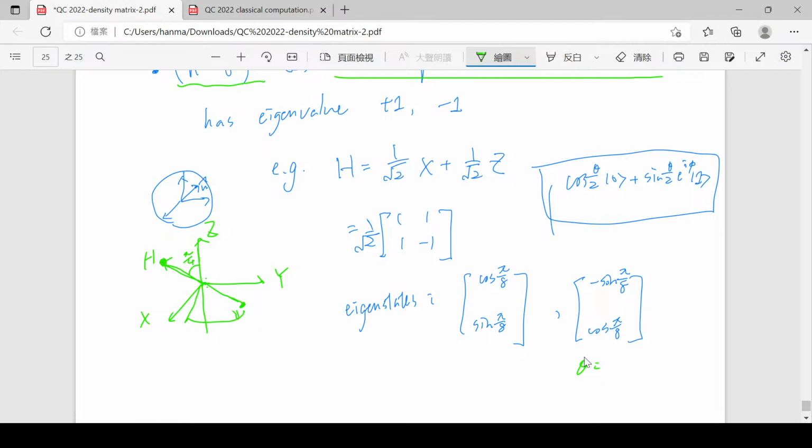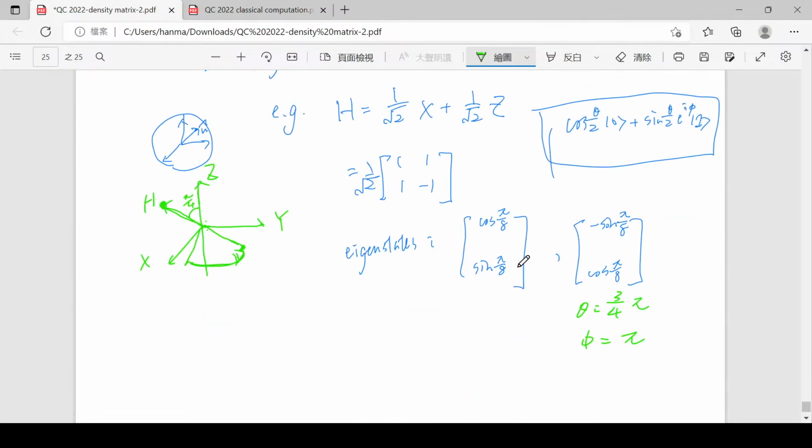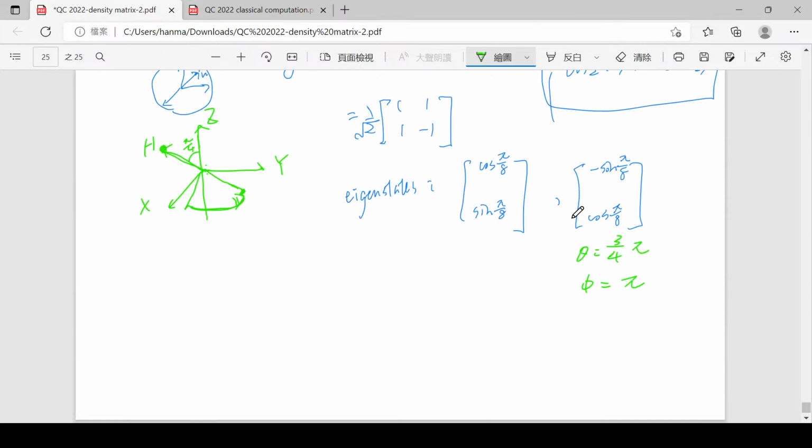So yeah, my bad drawing. Okay. So theta will equal 3 over 4 pi, and phi should equal pi. And hopefully the calculation will show that this is the negative eigenstate. Okay, so any questions on the Bloch sphere?